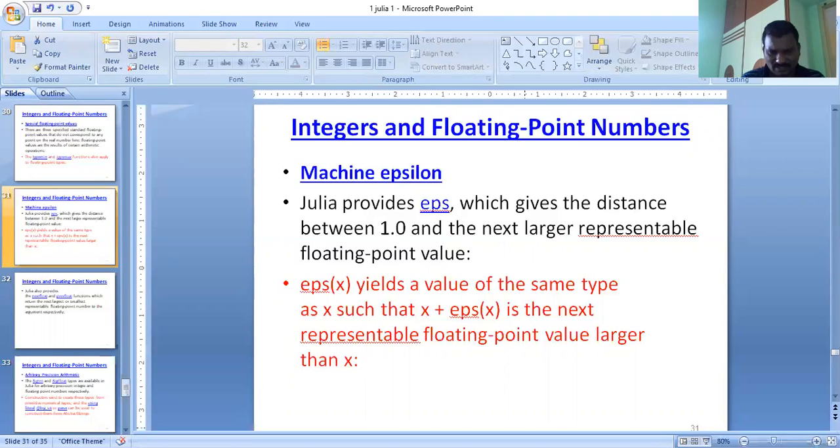Another important one, the simple epsilon function is the same as the Float64 function. It is the same as the above function, but here I am using the 64-bit system. This is some representation about Julia.